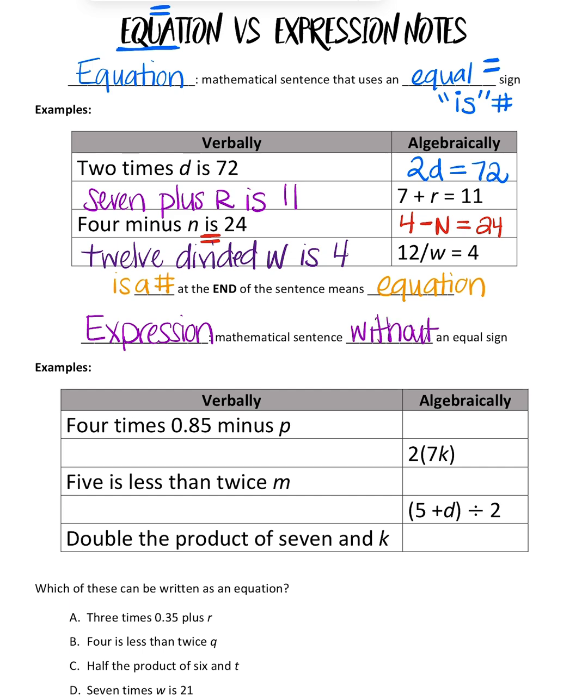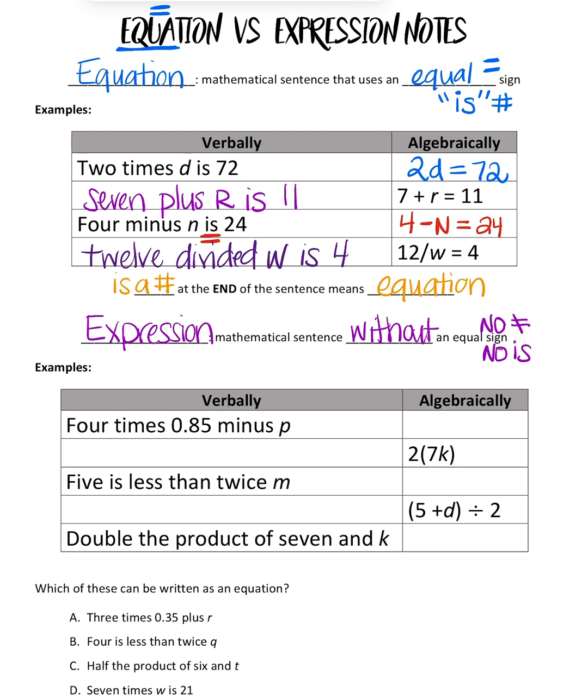Without an equal sign, meaning there is no equal sign, also no is. So as long as it doesn't have an is and doesn't have an equal sign, it's going to be an expression. All right, so let's look through some examples.